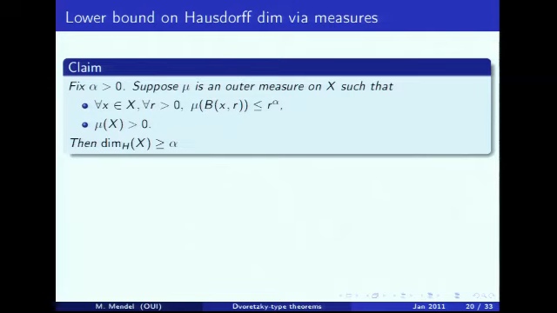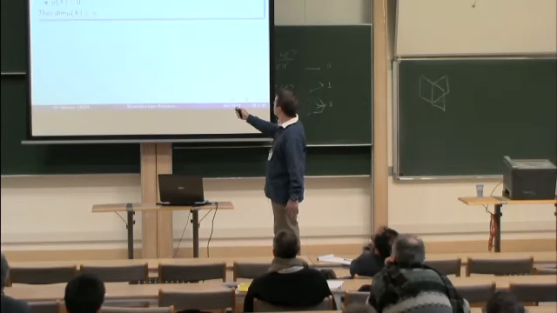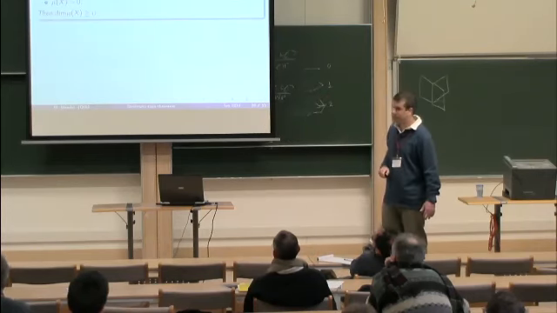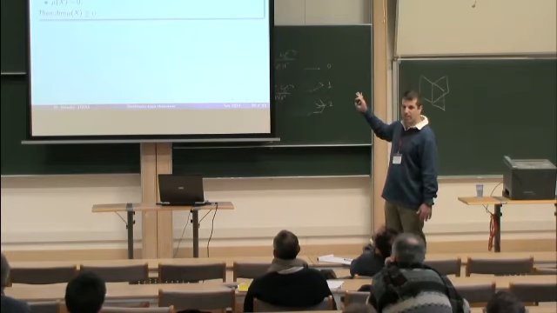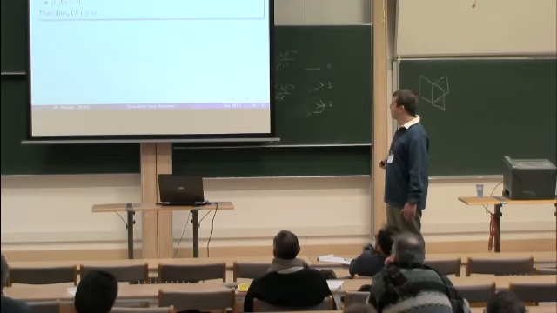And I need two other properties. First, it has positive measure on X, and it has the property that the measure of a ball of radius r is at most r to the power alpha. So someone gave us alpha and such a measure. Then I claim that the Hausdorff dimension of X is at least alpha.